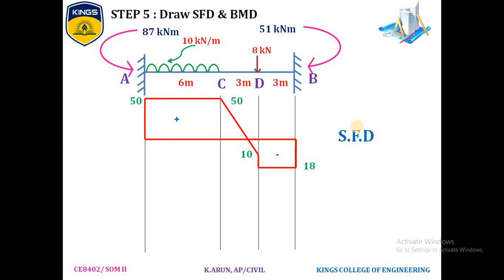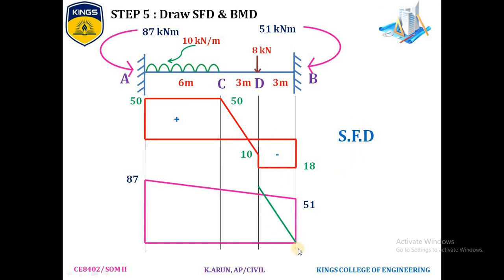The next step is to draw the bending moment diagram. First I am drawing the baseline, and I am drawing the fixed end moments first. So I have got 87 kilonewton meter at the left end and 51 kilonewton meter at the right end. I am connecting these. After that I am also going to draw the simply supported moments. For the simply supported moments, the moments at A and B will be equal to 0 since they are considered at the free end.